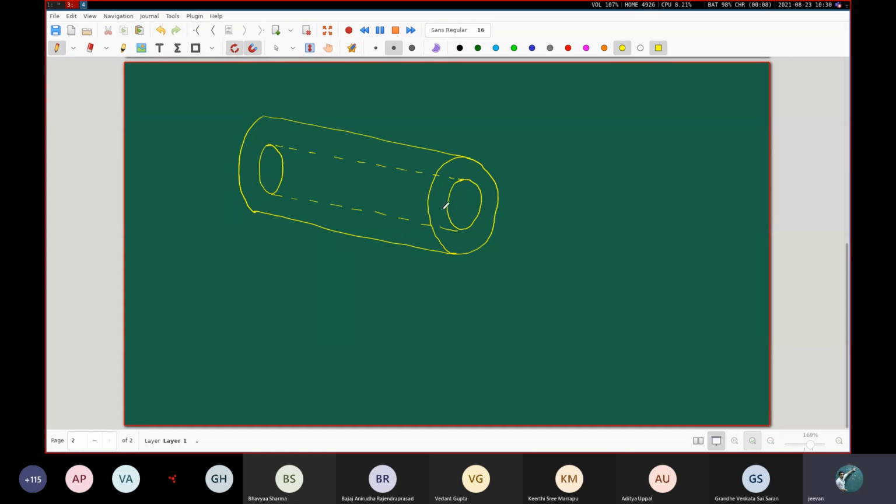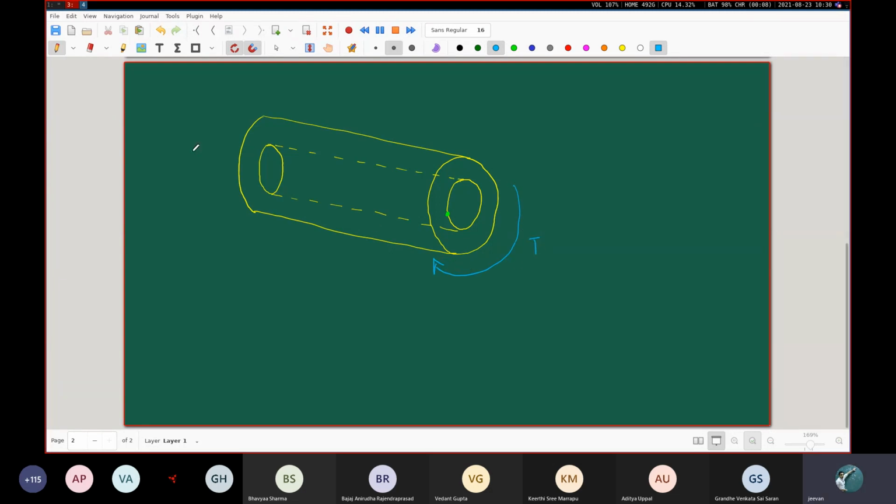Now you think of this. Suppose I have a point which is present here initially, in the undeformed configuration. After the twisting action has been applied, let's say the twisting action is like this.